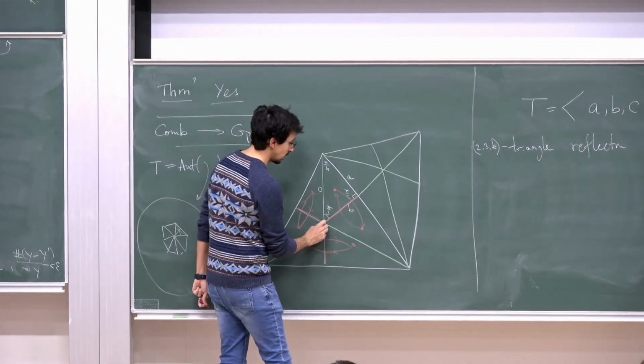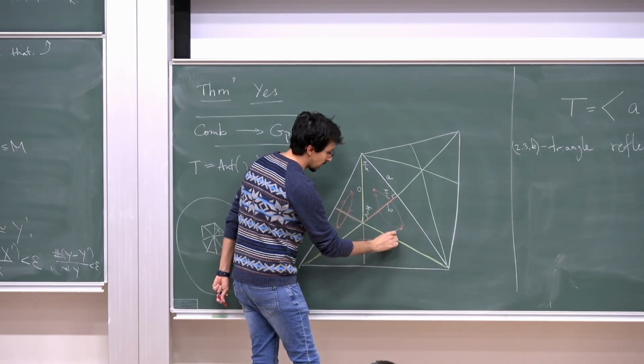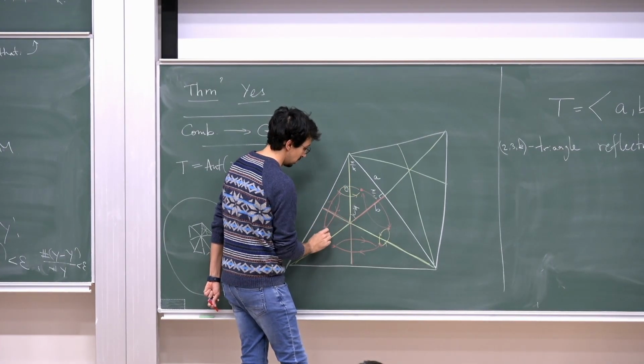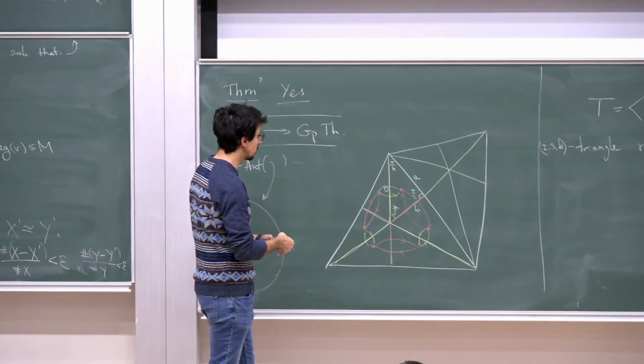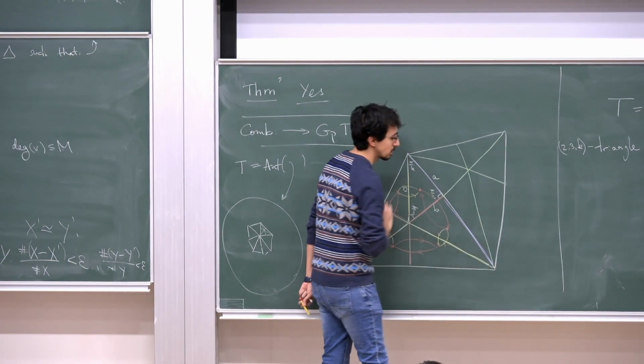Okay, so let's do C. So C is these guys. Again, they act by reflection. It's fine. Okay, and finally we have A. So A is going to be these edges.